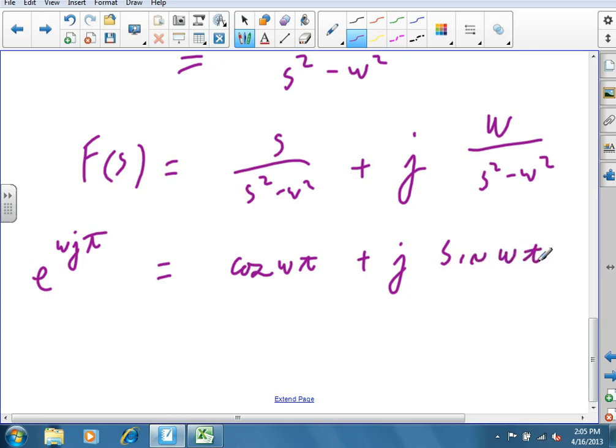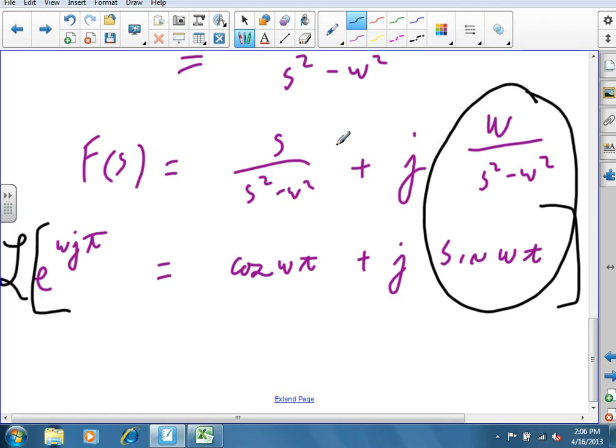Okay, now, if I take the Laplace transform of this, which is what I did, I have an imaginary part and I have a real part.